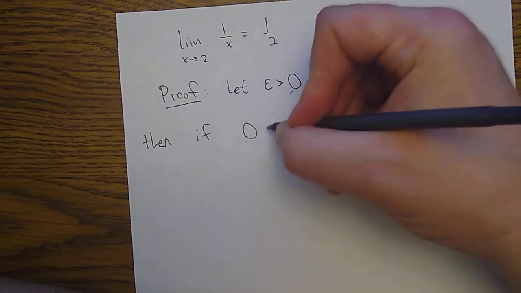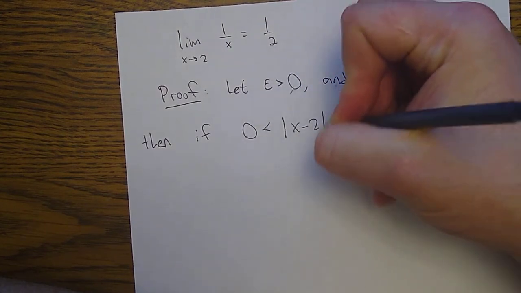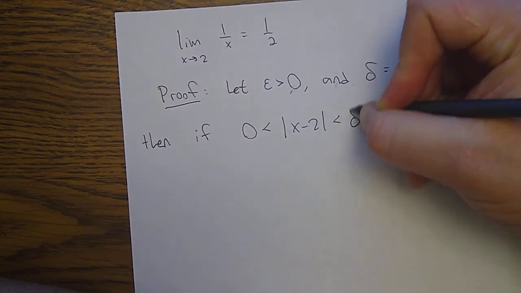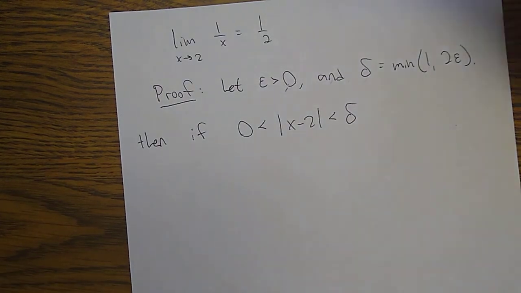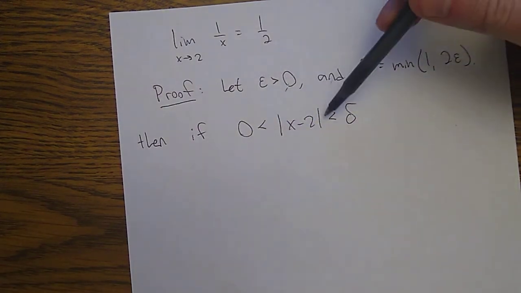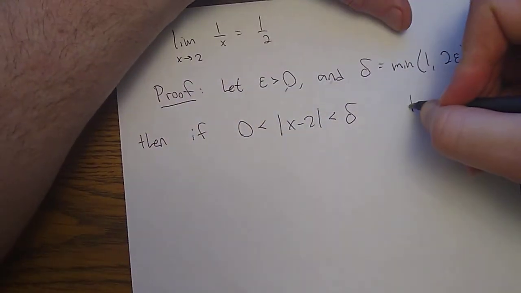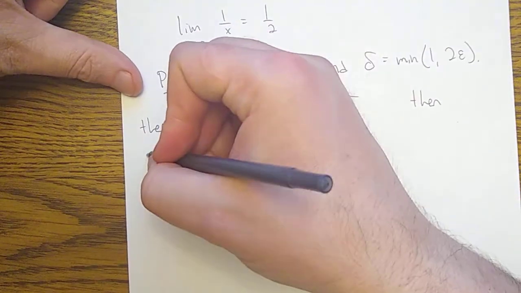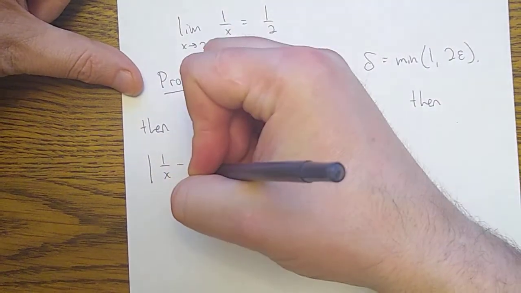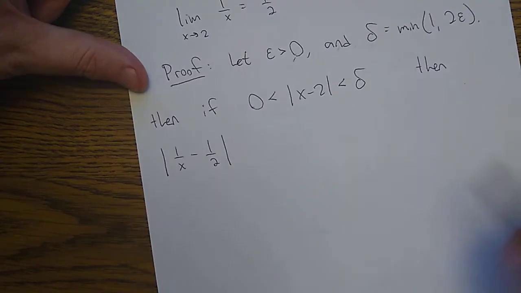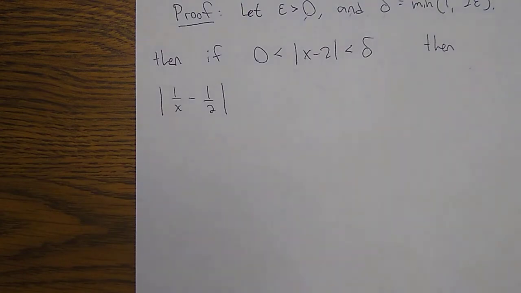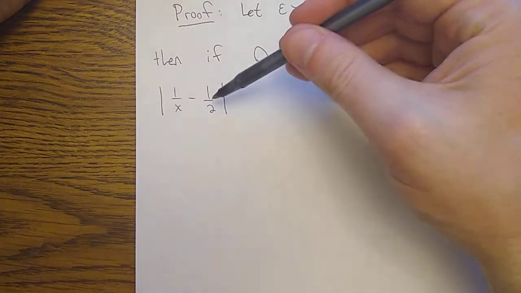Then if absolute value of x minus 2 is between 0 and delta, then |f(x) - L|, now I want this to be less than epsilon.